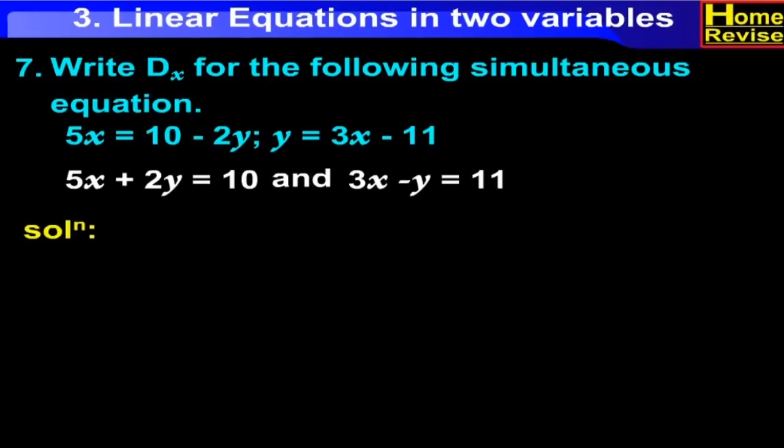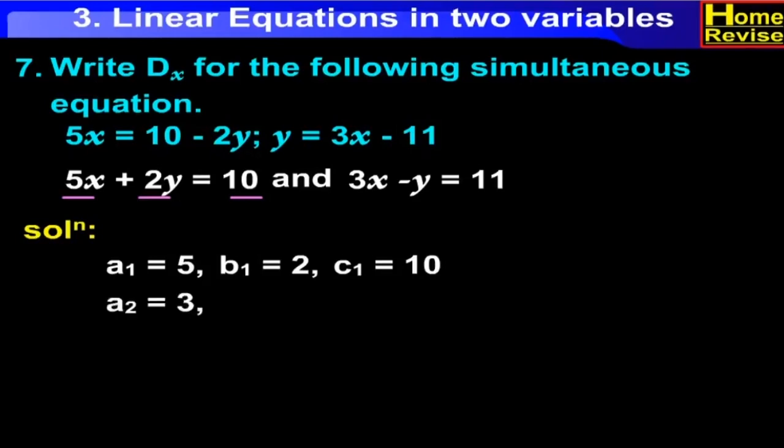Here, a1 is equal to 5, b1 is equal to 2, c1 is equal to 10 and a2 is equal to 3, b2 is equal to minus 1, c2 is equal to 11.